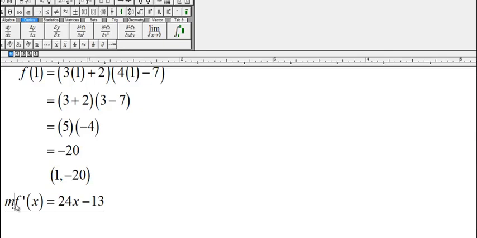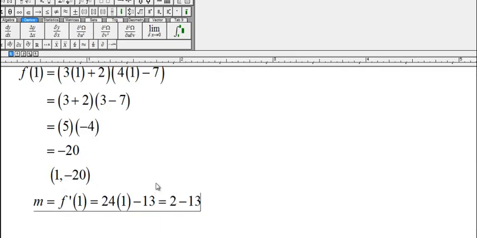Our slope of our tangent line is f prime at 1, which we're just getting by taking a 1 and placing it here. So that's 24 minus 13, which is 11.